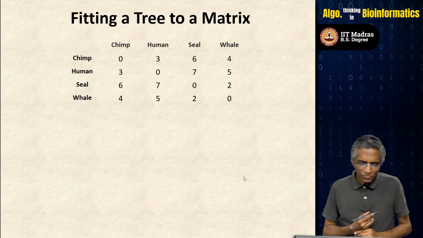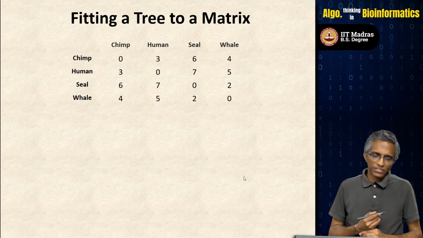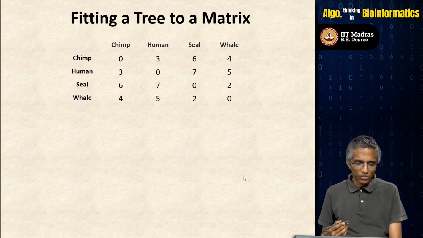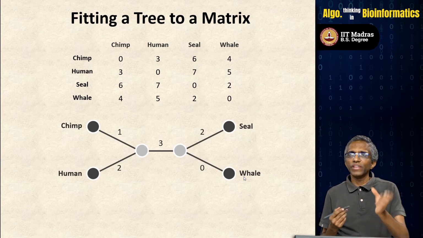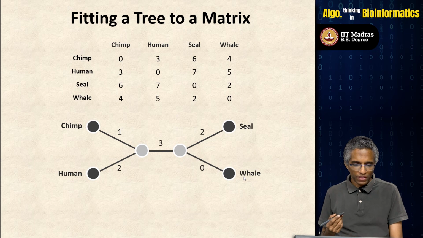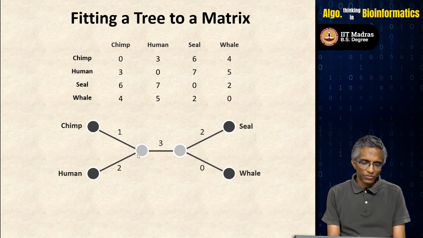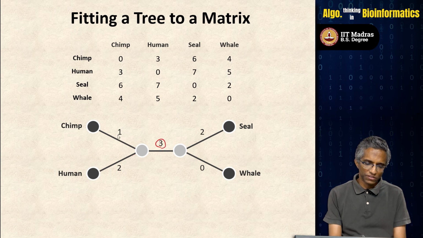Okay. We want to fit a tree to a matrix. That essentially means that you want to come up with an unrooted tree such that all the distances that the tree implies, the tree distance, the tree will have these nodes and edges, and the edges will have these weights.